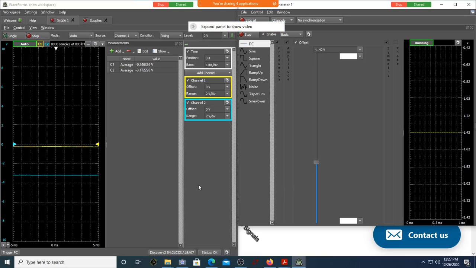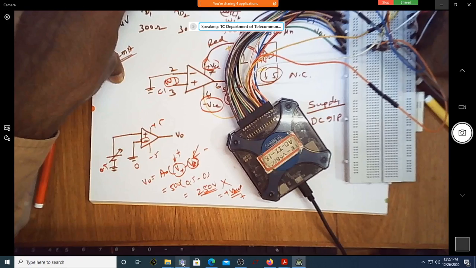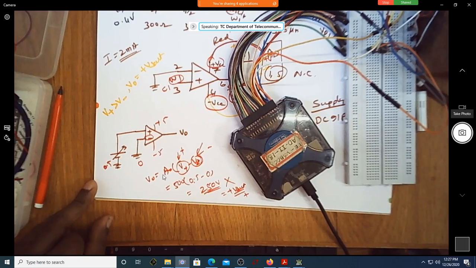Shall we say if V plus is greater than V minus, V naught is equal to plus V set? Shall I just make this conclusion? If V plus is greater than V minus, V naught is plus V set.